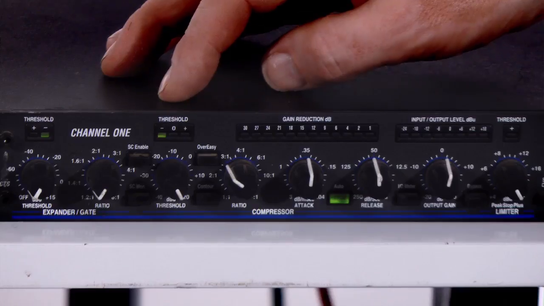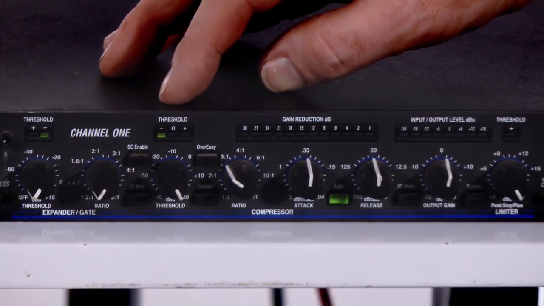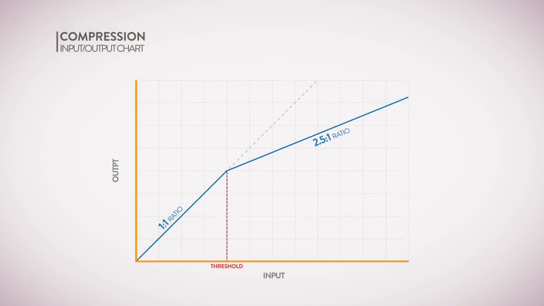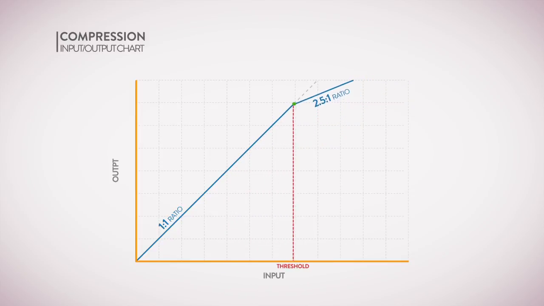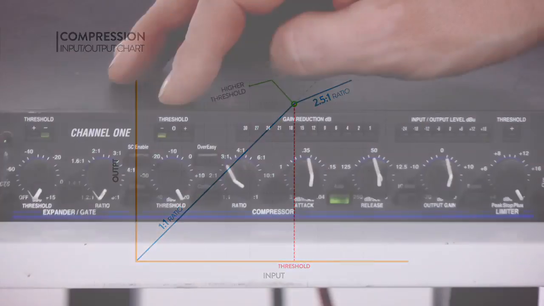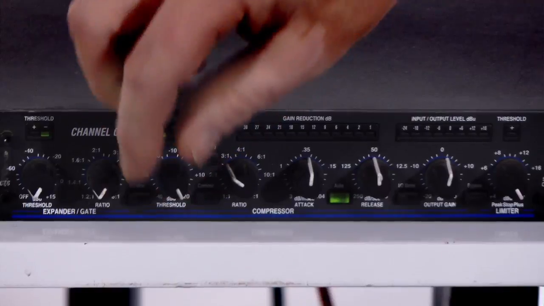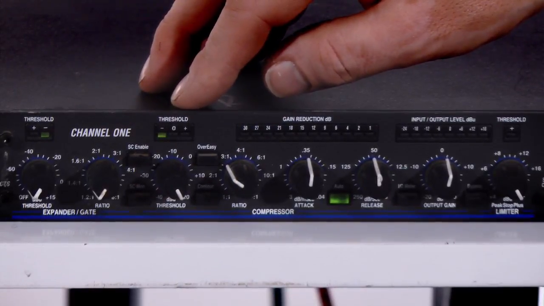Somewhere between those 2 figures is just going to be fine. If you have a look at the threshold, this is wound right out of the way. If you imagine back to the graphic, the threshold has been moved fully to the right-hand side. It's way out of the way of the input signal. This, on this compressor, means that it's been turned fully clockwise.